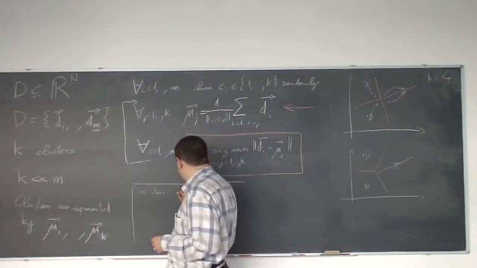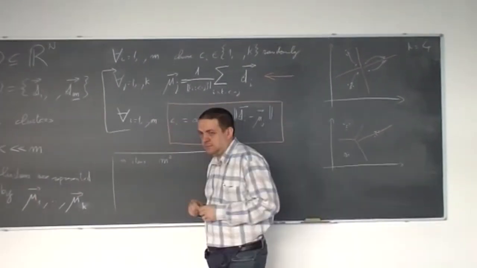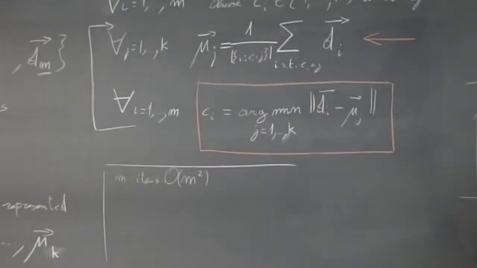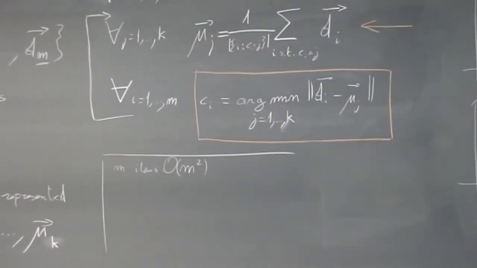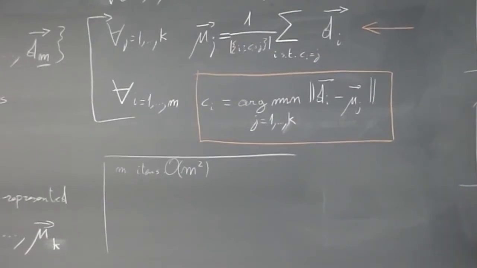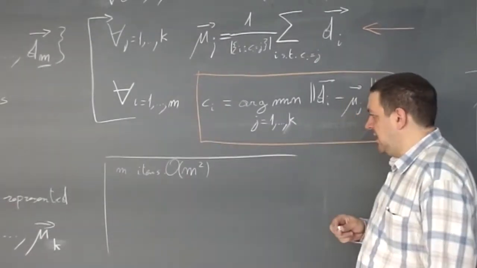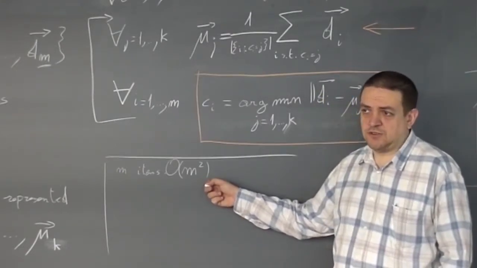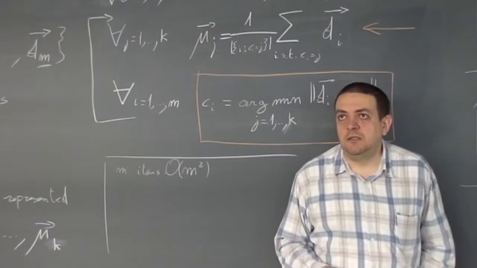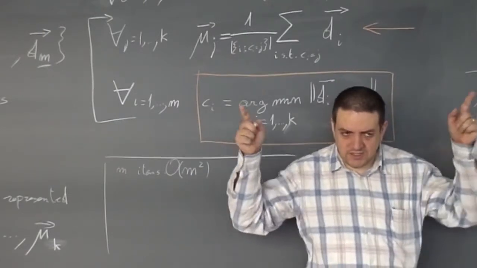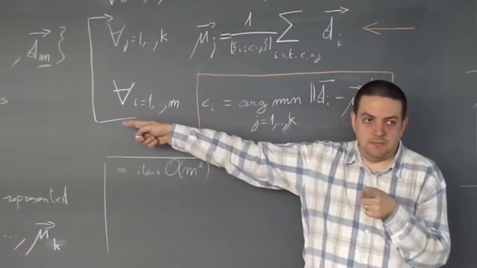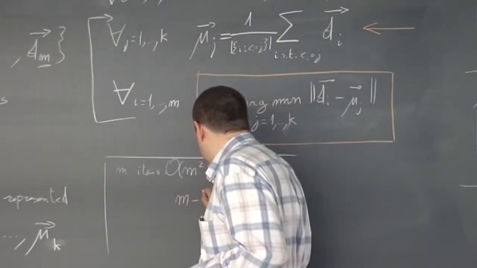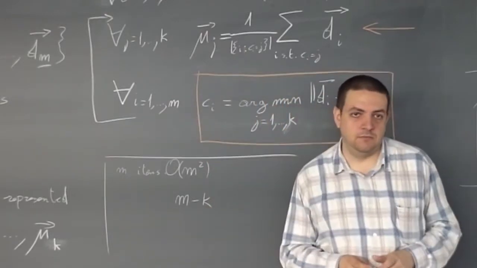We have at every step a big O of m square search procedure in order to find the closest one. How many times do we need to repeat this to get to k clusters? We need to repeat it m minus k times.